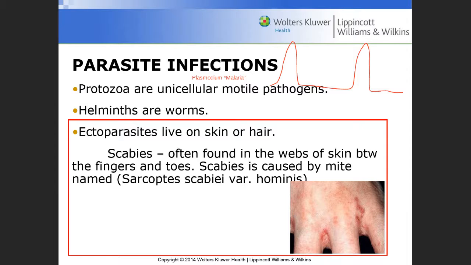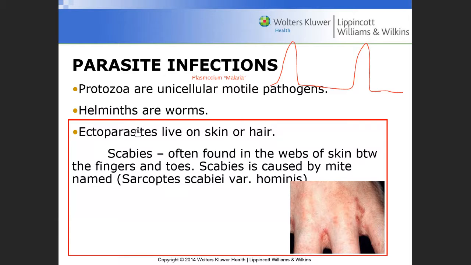Protozoa are single cell. Helminths are the worms. Usually these are multicellular. A worm can actually go like that long, in terms of pathogen size. And then there are some parasites which are considered ecto, meaning on the surface of. There are many kinds. There could be scabies right here, and the scabby.